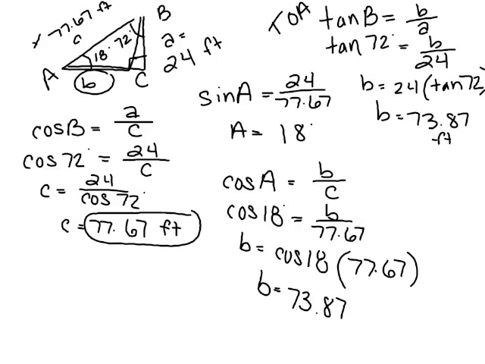Okay, keep going in the book. Still on page 166, bottom of the page, try this one 3. It says in the right angle triangle A, B, C, find the measure of side B when the measurement of angle A equals 53 degrees, and the hypotenuse, so there's side C, equals 18 centimeters.